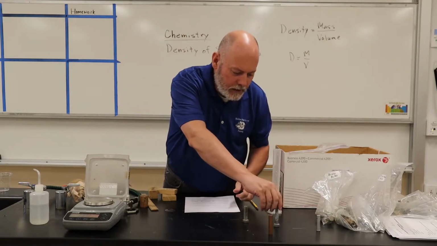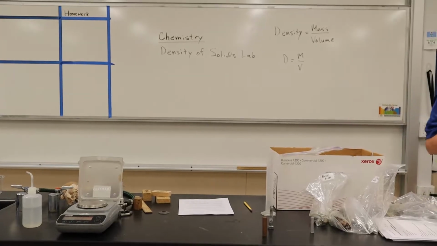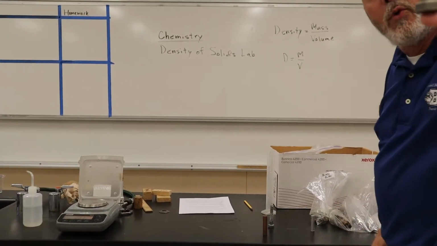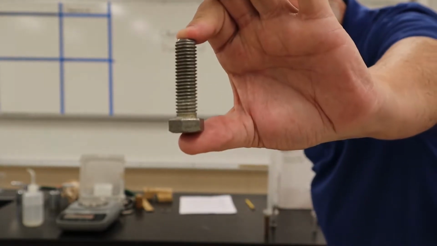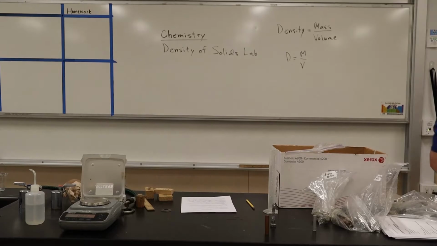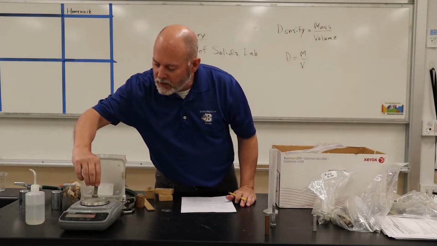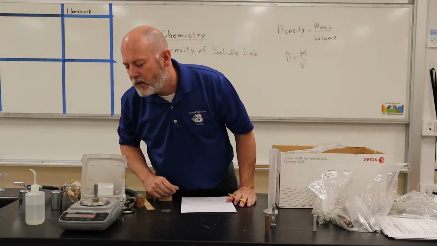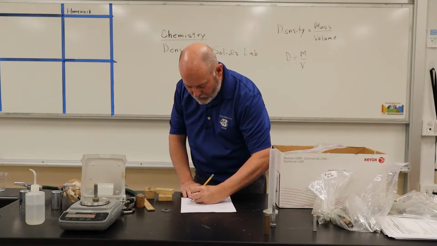All right, and then the brass, which is an alloy of copper and zinc. So there's a brass bolt. They use them in construction, building stuff. Okay, we'll put these in here. 74.59. All right, so those are the weights.